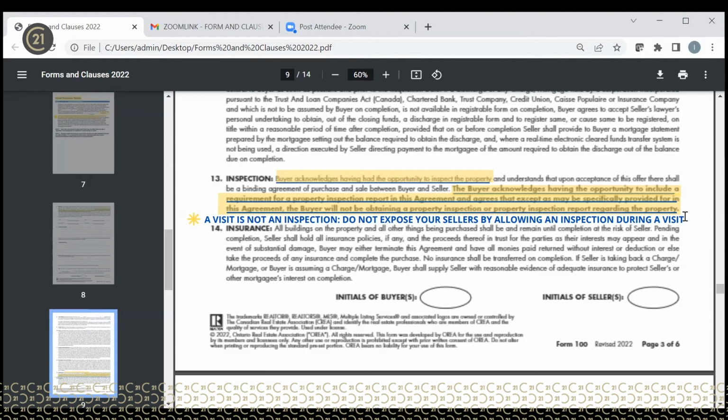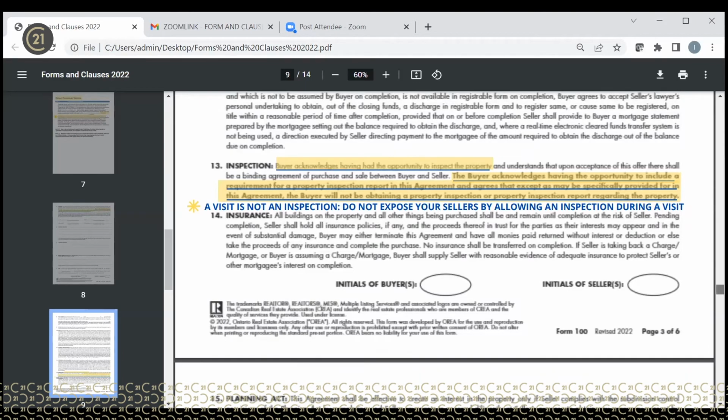And also, as a buyer's agent, you have to explain to your buyer that a firm offer is a firm offer. A buyer's visit is for the buyers only, as well as the agent. If they want to bring anybody else, they have to get permission, and it is not necessarily given.